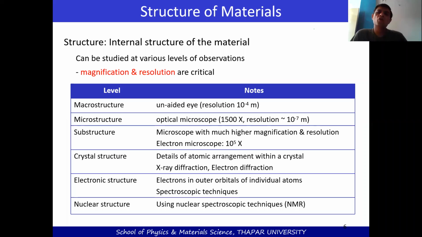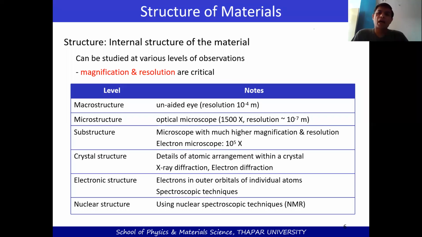So whenever you are describing the organization of the electrons around the nucleus, the structure that you are referring to is the electronic structure. So now you are within an atom. So the length scale that you are discussing will be a fraction of an angstrom.